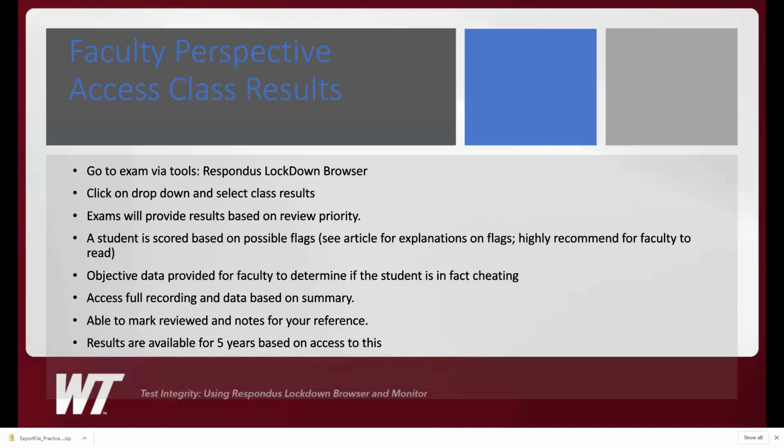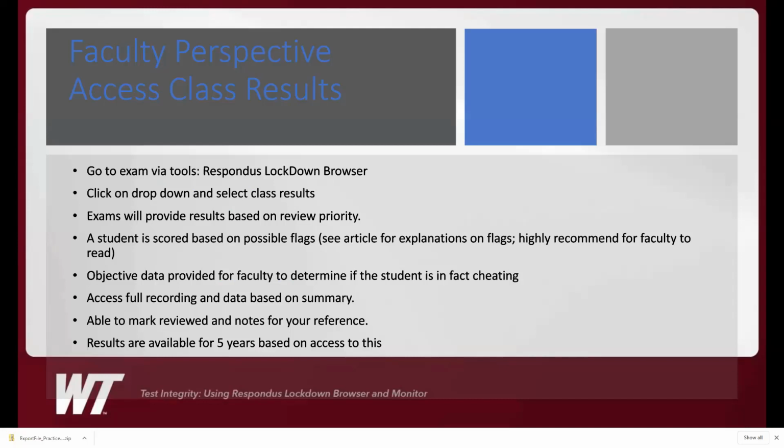One important thing for faculty to know is that you're able to review based on priority. AI technology allows you to review your class results to determine which flags are high priority. That's the neat thing about this. You'll have access to all of the recordings, and you can look through the flags, determine which student you need to watch, and make those decisions.